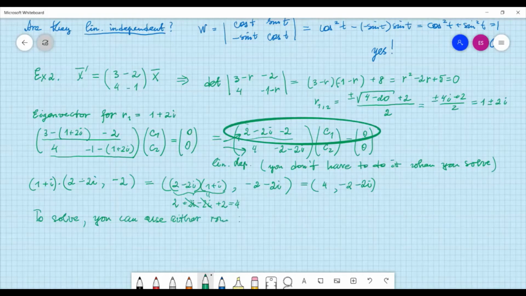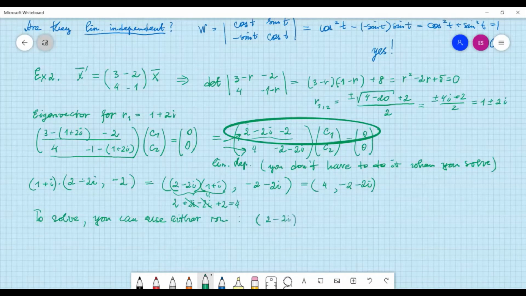So I'm going to use row number 1. I'm going to write down that 2 minus 2i, sorry, I keep pressing the eraser. It's a convenient tool, but I'm not willing to do it. Now I need an eraser.